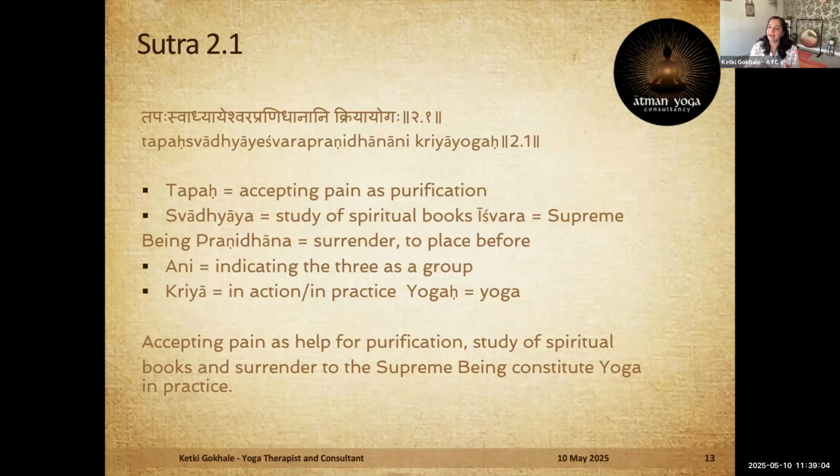Maybe going to bed and waking up at a fixed time, or your diet: whatever you eat with a happy mind, food which is cooked fresh, not stale, prepared with love, of hygienic quality. You're not eating too much, not eating too less, observing fasting in between, exercising regularly.